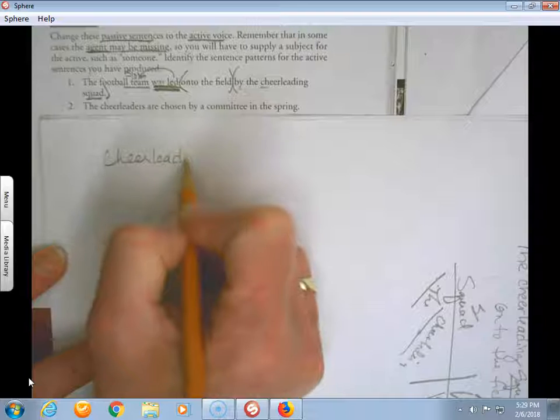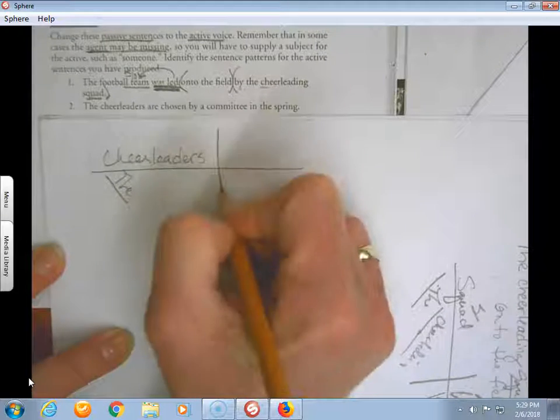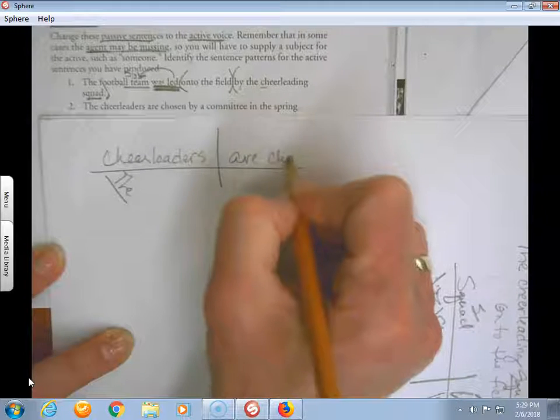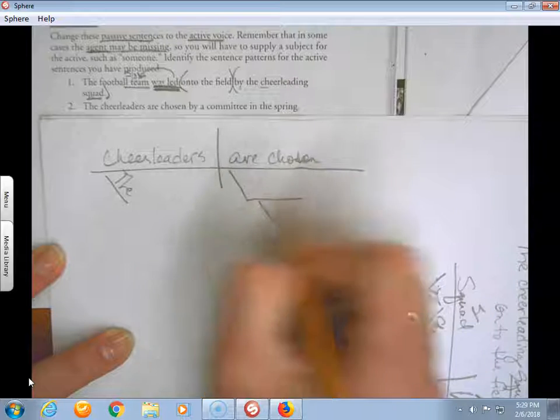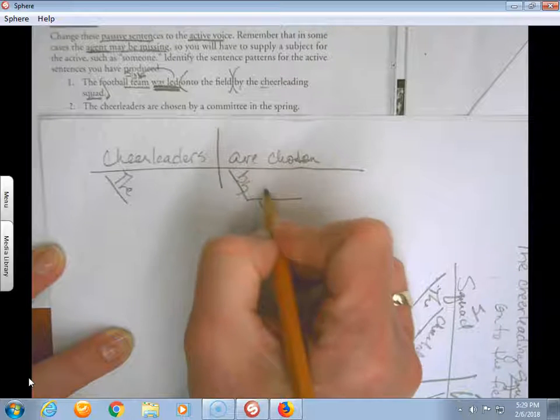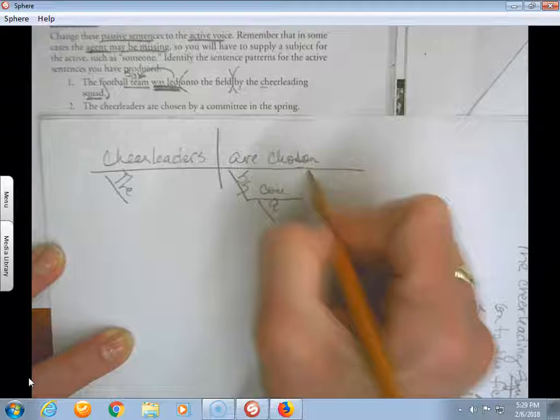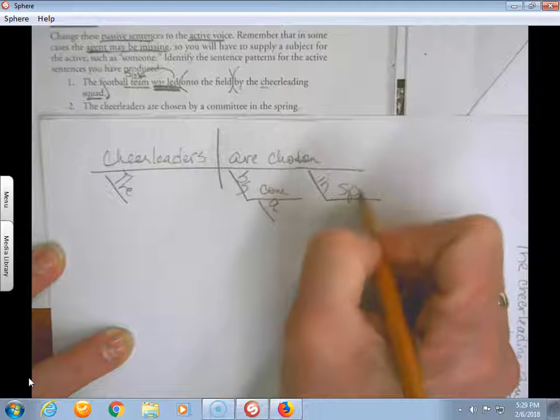All right, number 2, the cheerleaders are chosen by a committee in the spring. Cheerleaders, oops, I said I was not going to diagram the sentence first, but since I started, let me go ahead and finish. The cheerleaders are chosen, by committee, in spring.